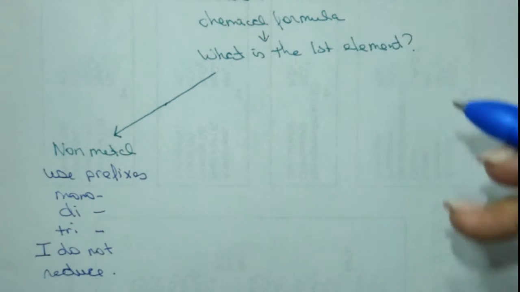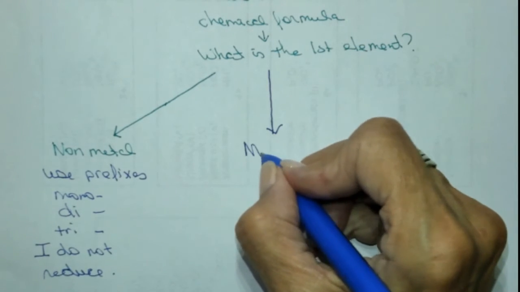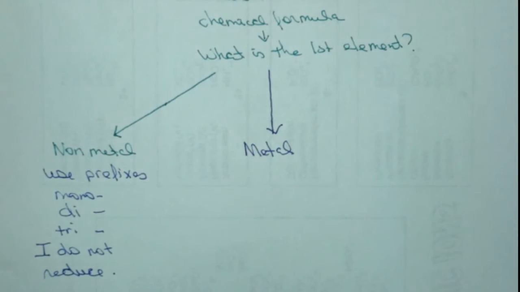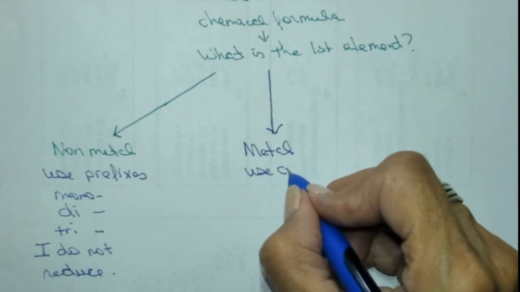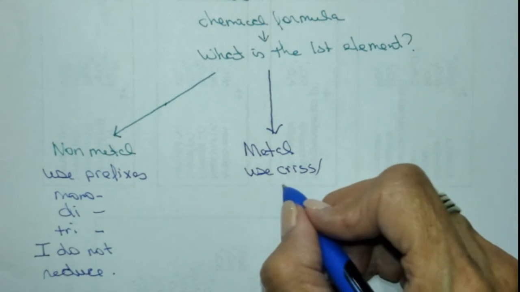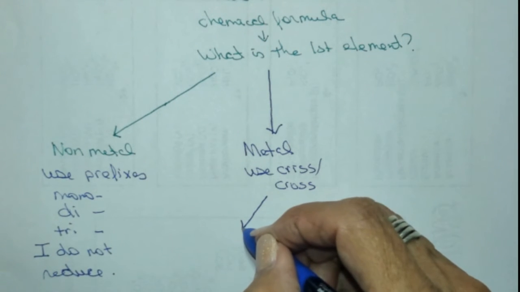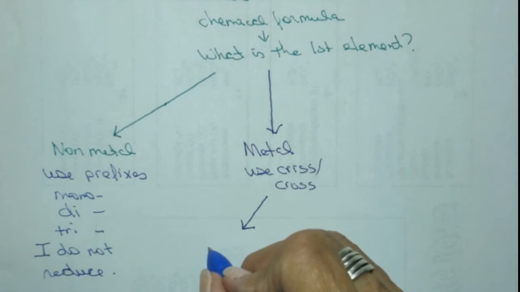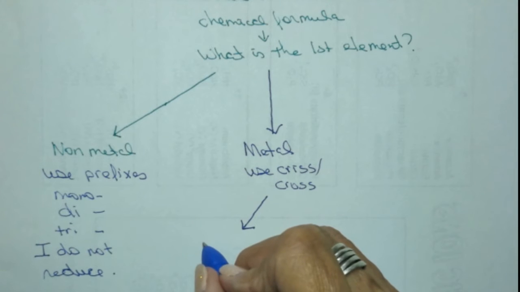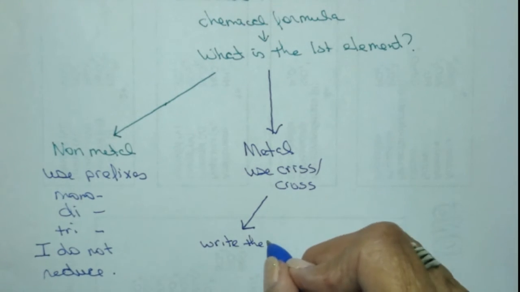Or if the first element is a metal, okay, the first element is a metal, I use crisscross. Okay, so I use the metal. I write the metal's name.